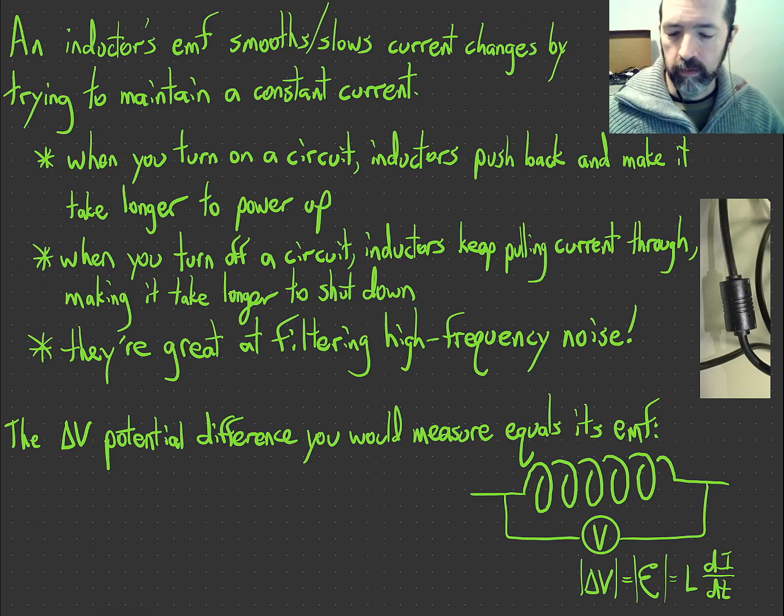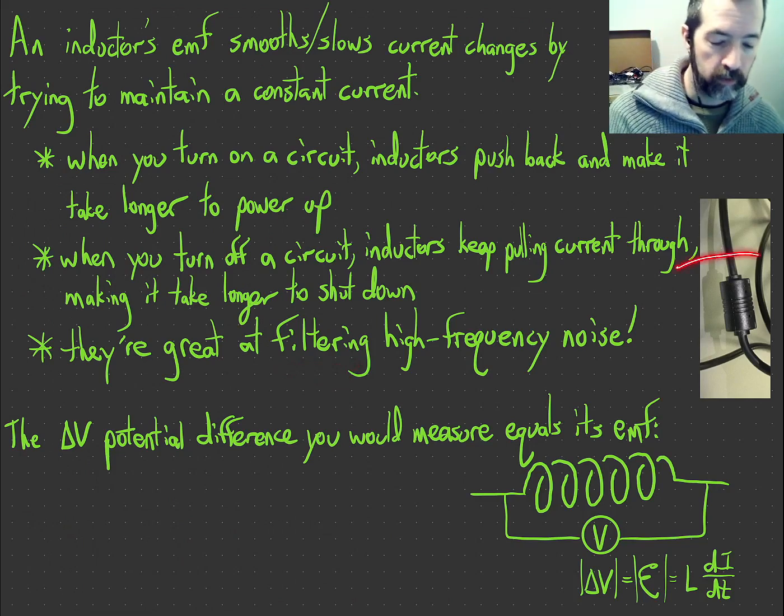Similarly, if you try to turn off your circuit and it's got inductance, then in the first moment after you turn it off, the inductor is going to keep pulling current through at the same level as before, and then gradually the current will die out. So again, it takes longer for this to happen. Functionally, one of the things that we use inductors for as a practical matter is for filtering high-frequency noise or fluctuations in electrical signals.